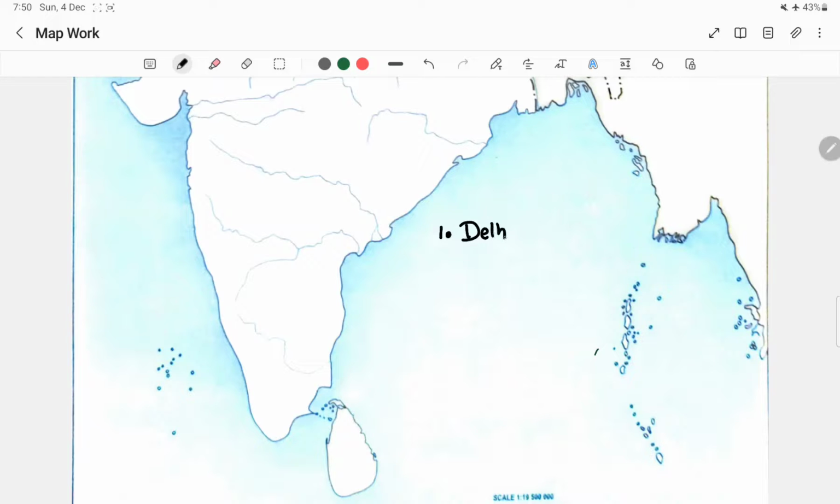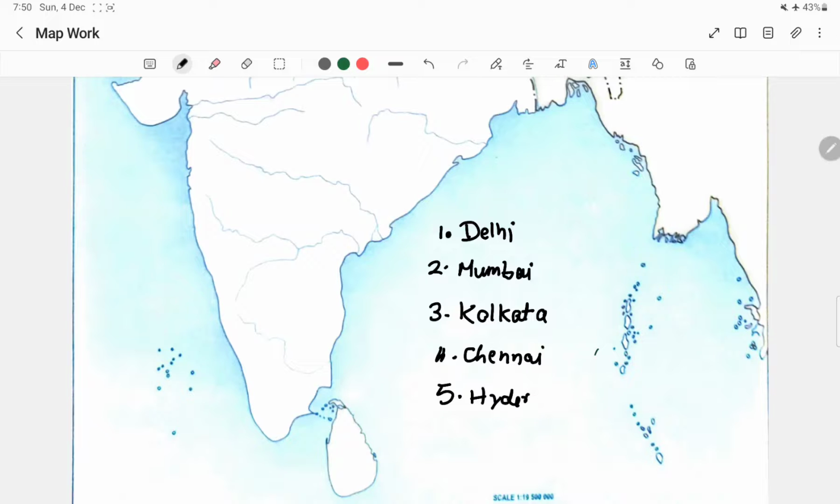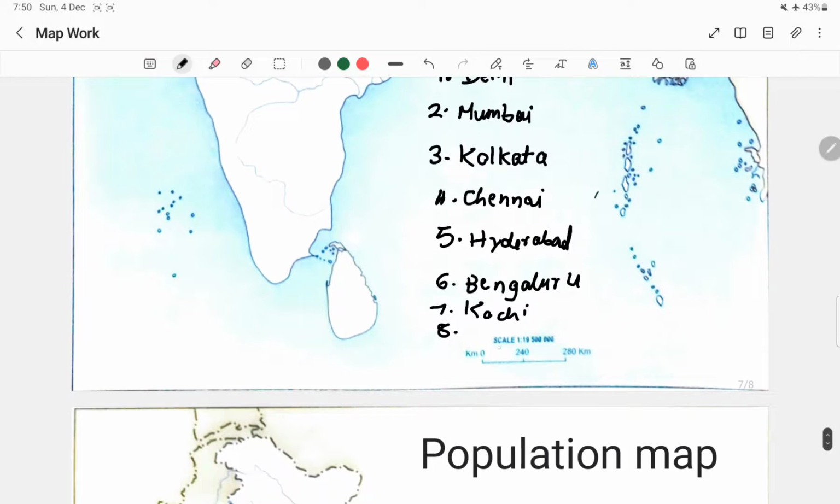So Delhi, number 1, number 2, Mumbai, number 3, Kolkata, number 4, Chennai, number 5, Hyderabad, number 6, Bangalore, number 7, Kochi, and number 8, that is Prayagraj, or we can use the old name, that is Allahabad.